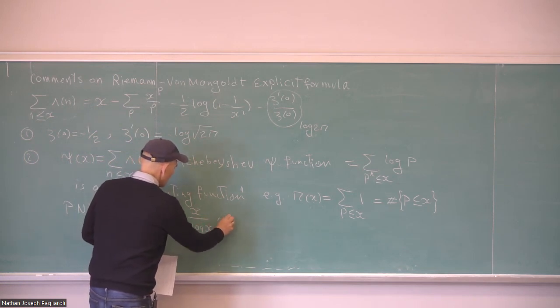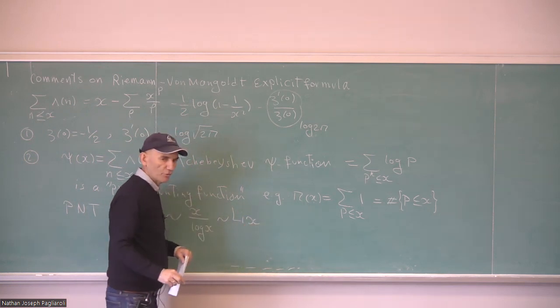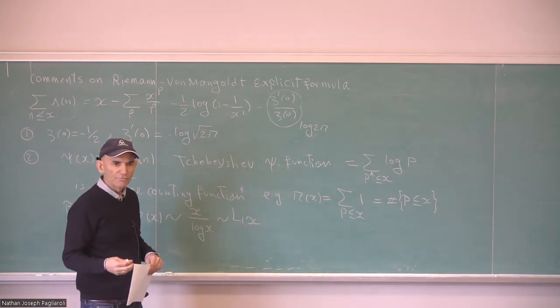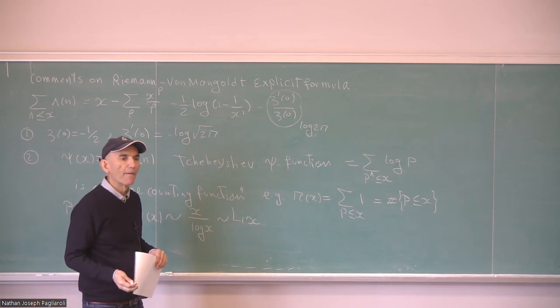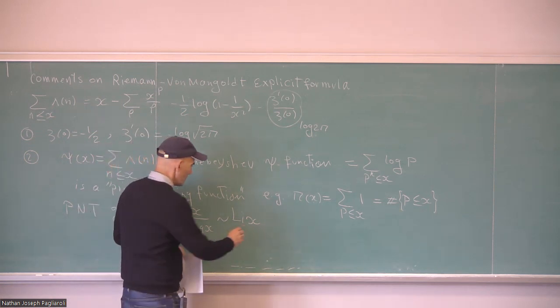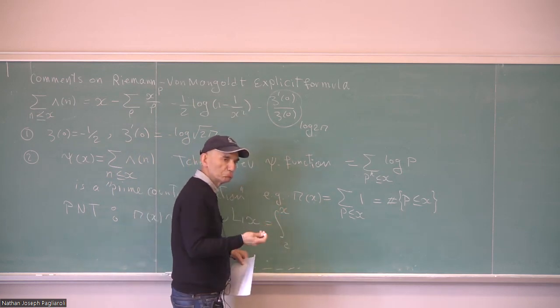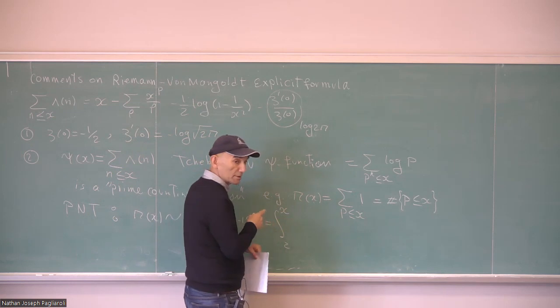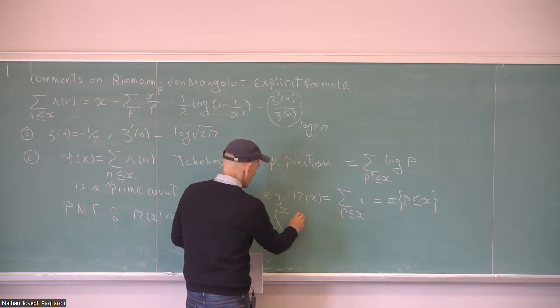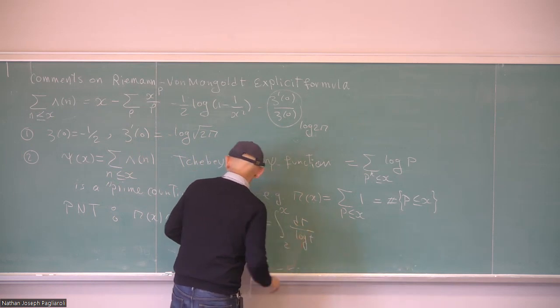And this is also asymptotic to Li(x). Anyone remember the formula for Li(x)? It is the integral from 2 to x of dt over log t. Yes, that's from the first lecture.